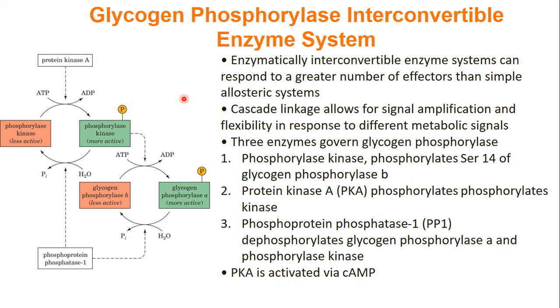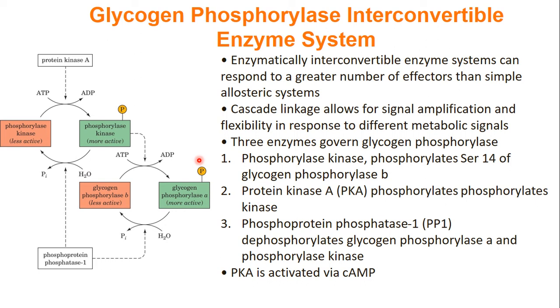All these levers and all these dials are allowing us to finely tune how much glycogen we're either breaking down or creating. And it allows for simple signal amplification. So if you get a signal like AMP, this can be amplified through many stages, so you can have a big effect from just a small change in the AMP concentration in your cell.